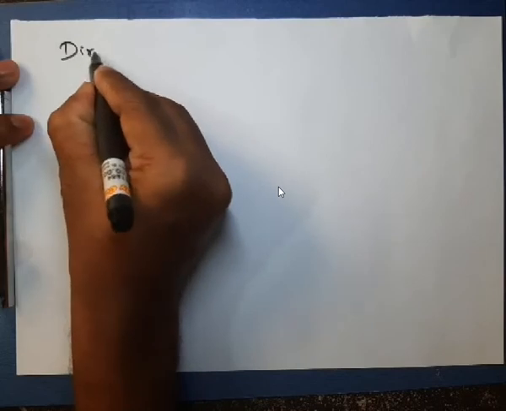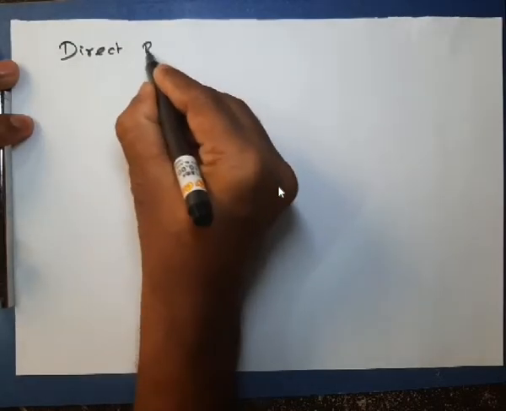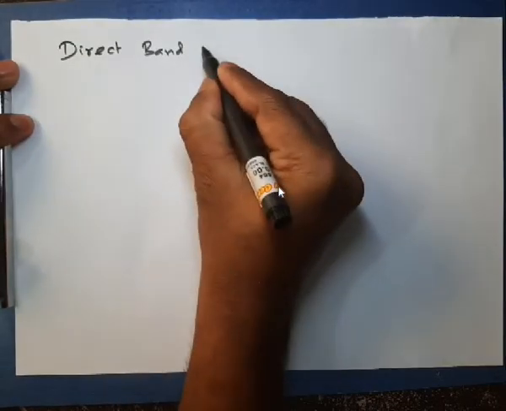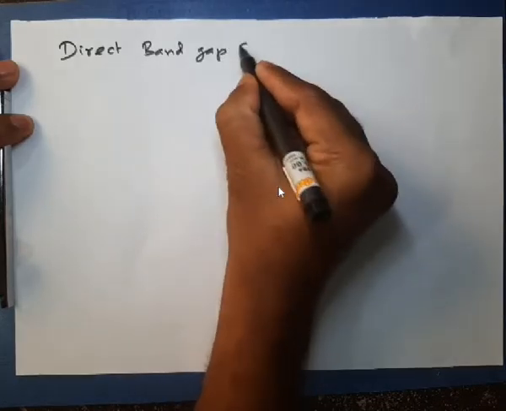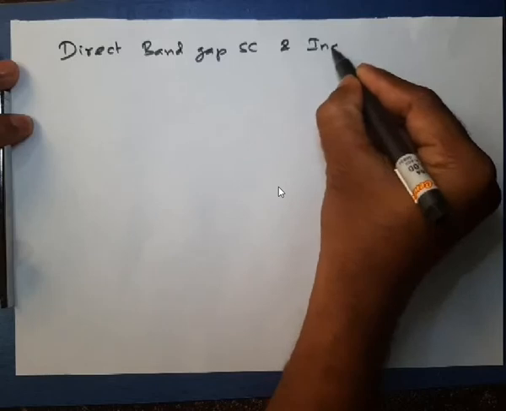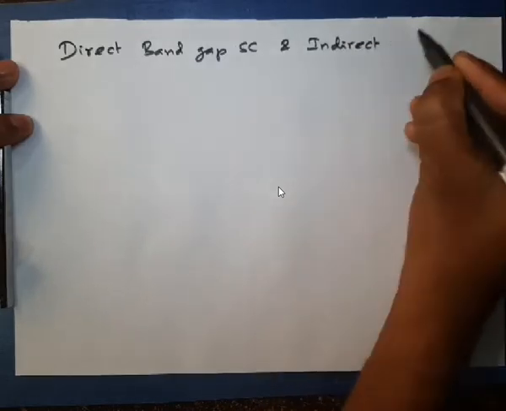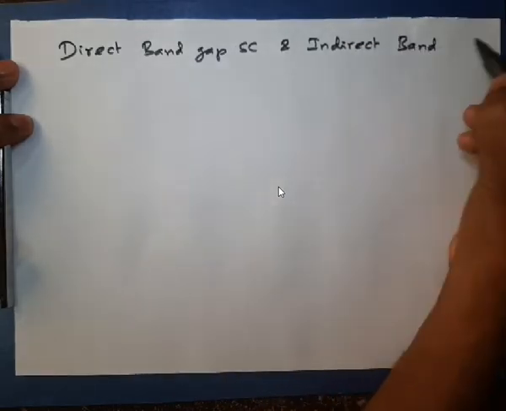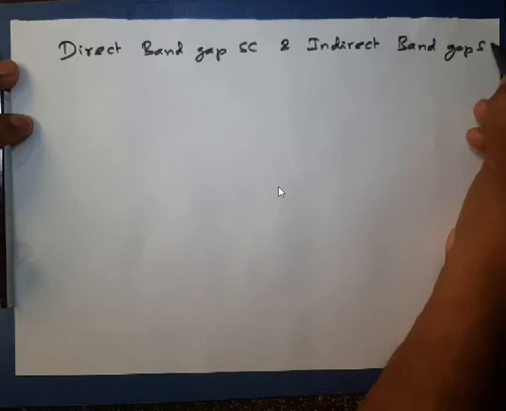So the next classification is direct band gap semiconductors and indirect band gap semiconductors.